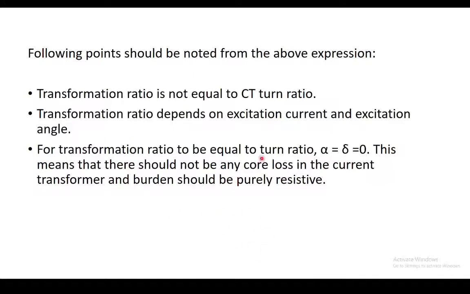Next, for transformation ratio to be equal to turn ratio, yung alpha tsaka yung delta must be both equal to 0. This means that there should not be any core loss in the current transformer, and burden should be purely resistive, or unity power factor must be equal to 1.